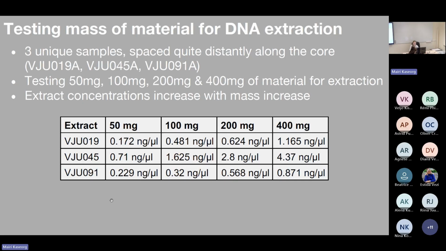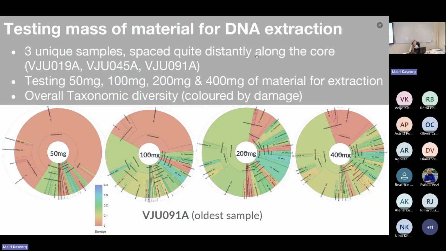But of course, we wanted to also see the actual results of the sequencing. This is the oldest of these 3 samples. What you can see here is that these plots are colored based on damage. Pink is not damaged, so probably modern, or at least very close to modern material.